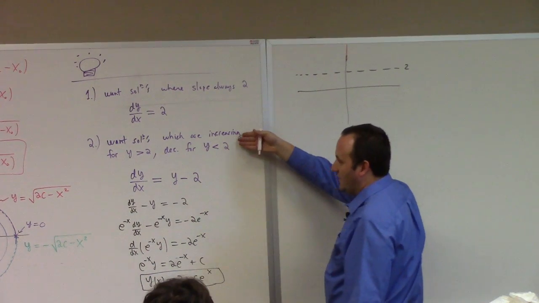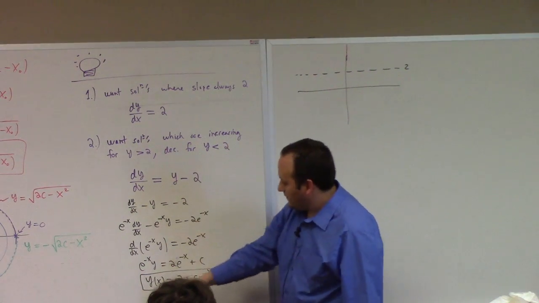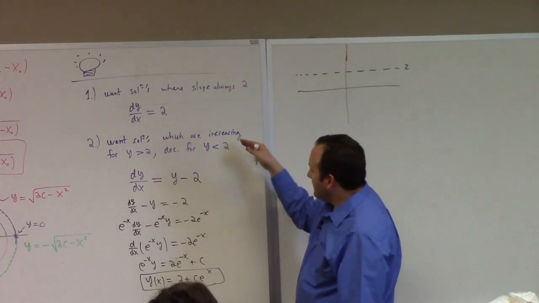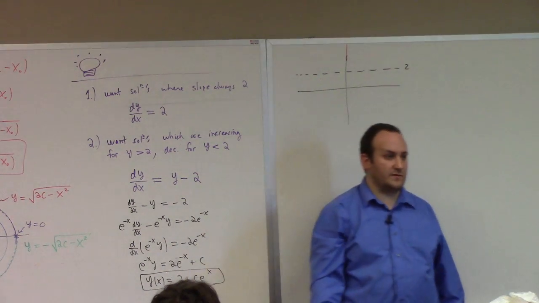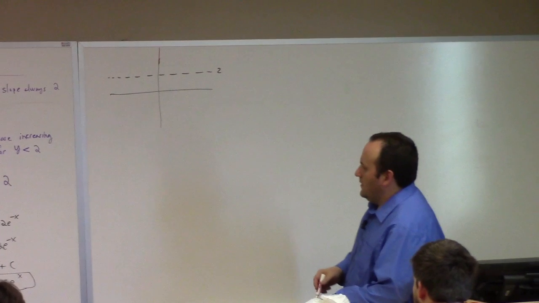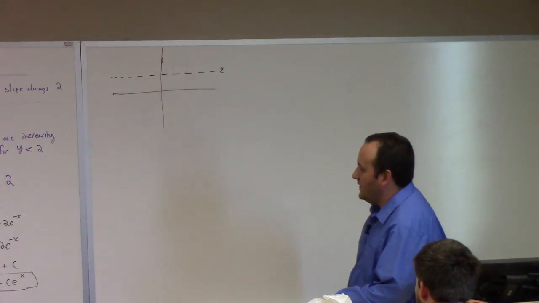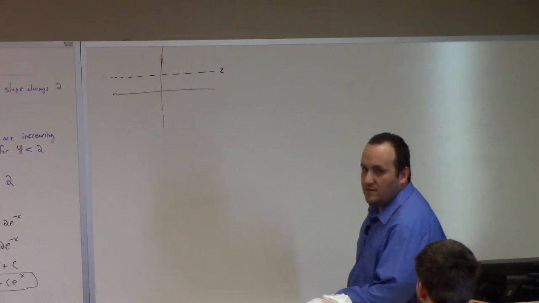It will be the case that these functions are increasing when y is above 2, and they're decreasing when y is below 2, right? Oh, but the thing is, what was the thing about it?